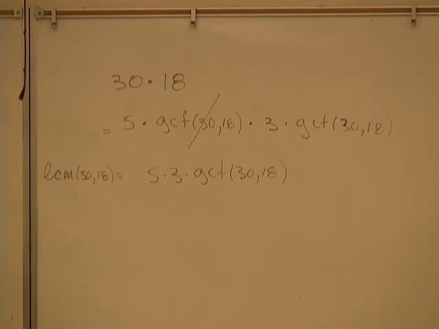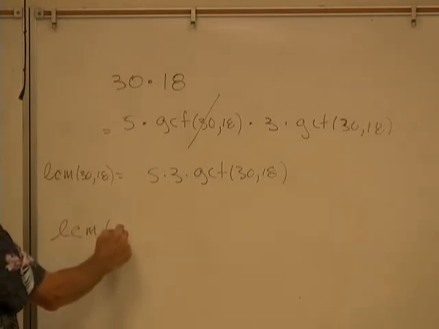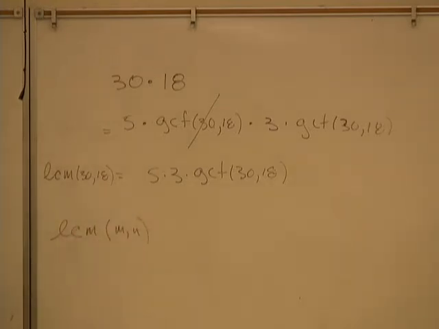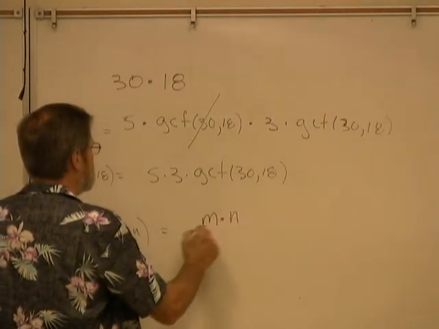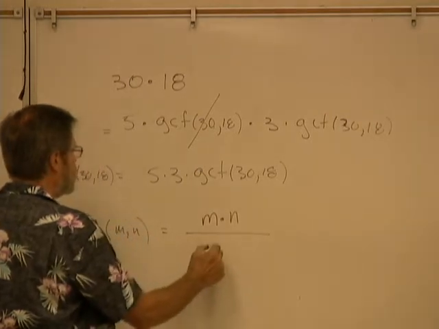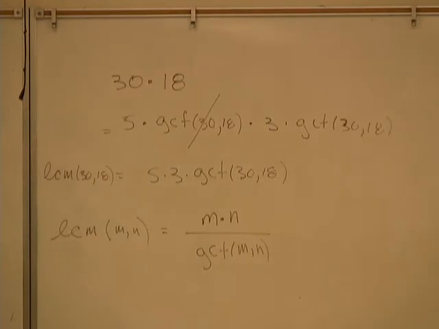So I can compute the least common multiple of m and n, any two integers m and n, as their product divided by the greatest common factor of m and n, because that gets represented twice.